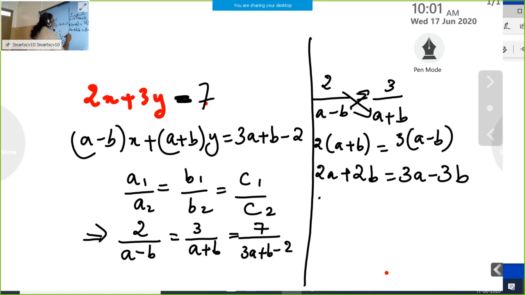Then 2a minus 3a plus 2b plus 3b is equal to 0.